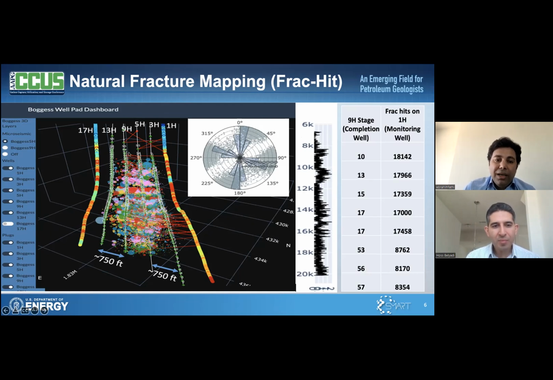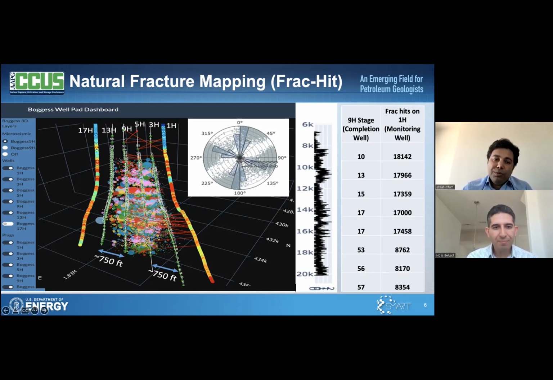And then while, let's say, we are fracking 5H and the 9H, we are monitoring the DAS and DSS on the 1H. DSS is actually like a strain gauge. It basically measures the displacement of the rock at that location while you are fracking 5H and 9H.